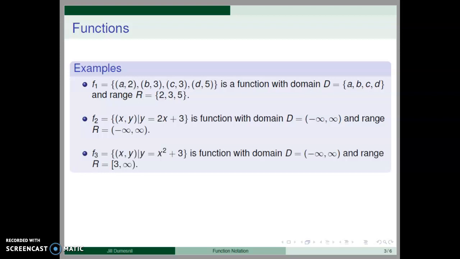The set F3 of ordered pairs of the form (x, y), where y equals x squared plus 3, is a function with domain the interval from negative infinity to infinity, and range the interval from 3 to infinity, which is closed at 3 and open at infinity. This is because the graph is an upward parabola with vertex (0, 3).